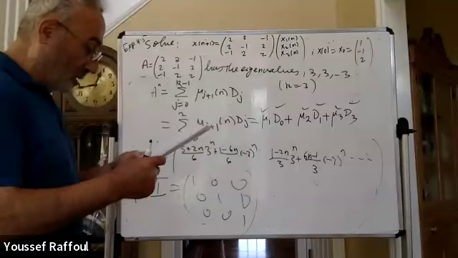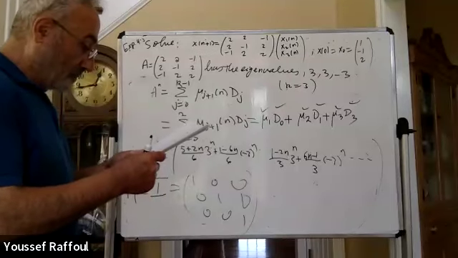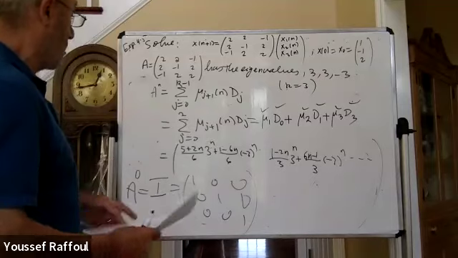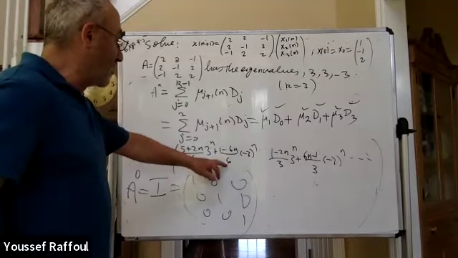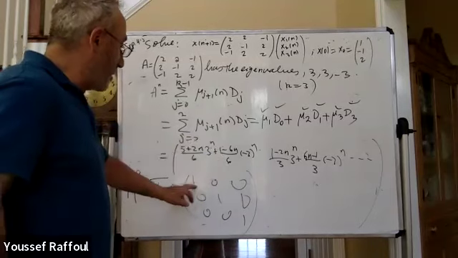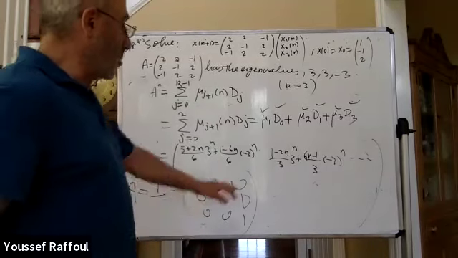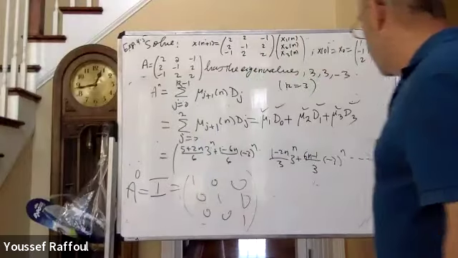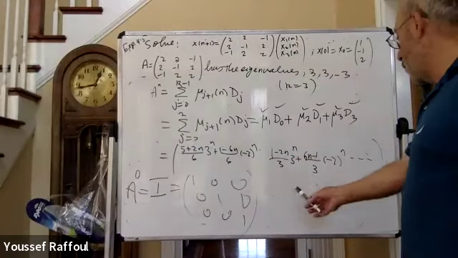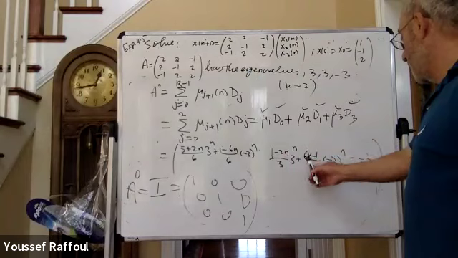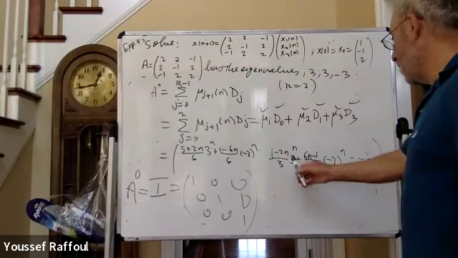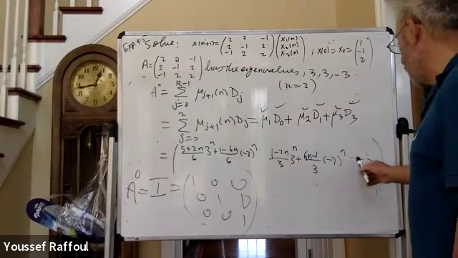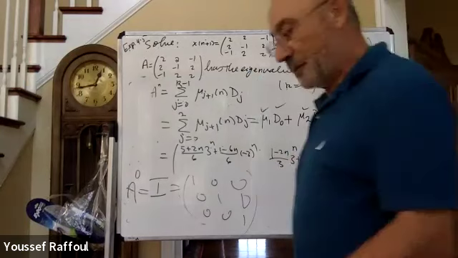Look at it. For n equals 0, this will be 5/6 plus 1/6, which is 1, and this one will be 0. This will be 1/3 plus 0 minus 1/3, so 1/3 minus 1/3 is 0, and the other term will be 0.